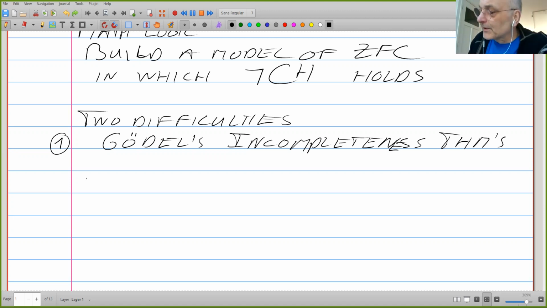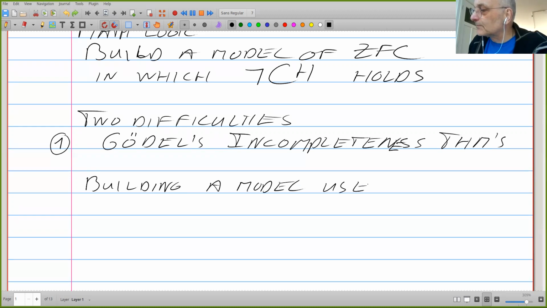So building a model uses sets. And we're trying to build a model of set theory, and Gödel's incompleteness theorem says that's impossible.